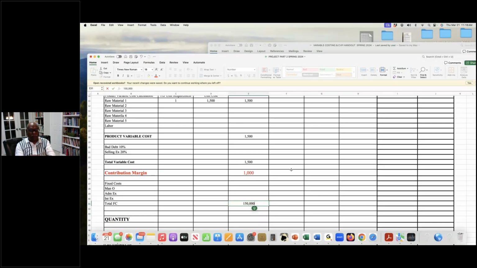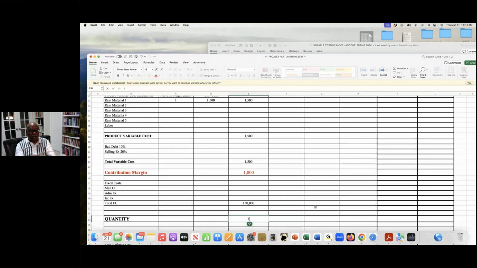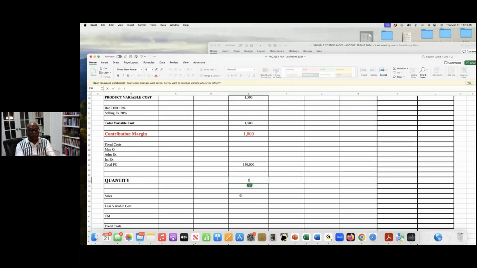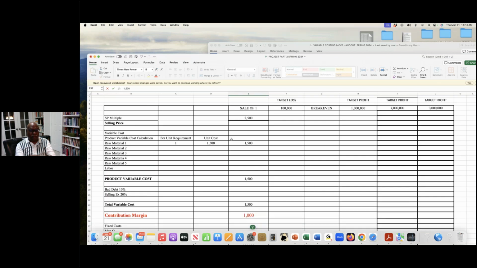And of course, we're just working with this quantity of one. So when I go in here and I put the sales in, I'm going to subtract out the variable cost. Wait a minute. Sales are 2,500.